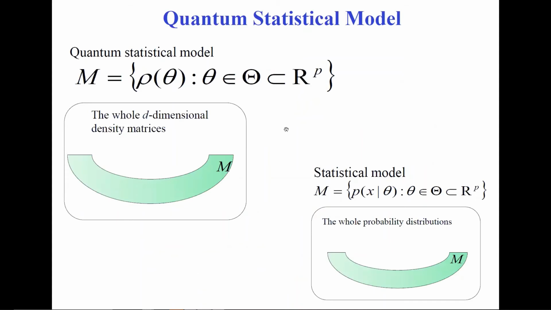The first one is the quantum statistical model. A quantum statistical model, which is analogous to a non-quantum or classical statistical model, is given by a parametric family of density matrices. Even if we have a very huge density matrix with many complex components, we specify such a density matrix by a very low-dimensional parameter.